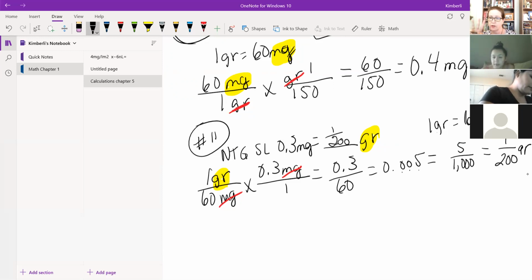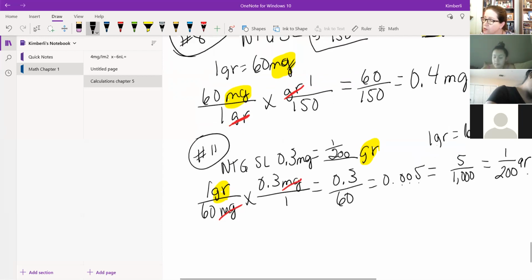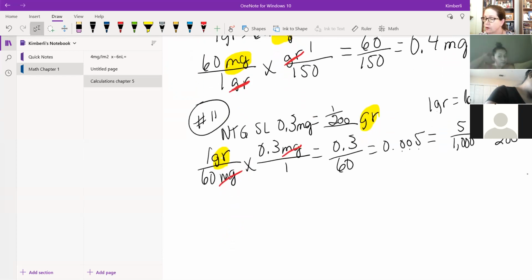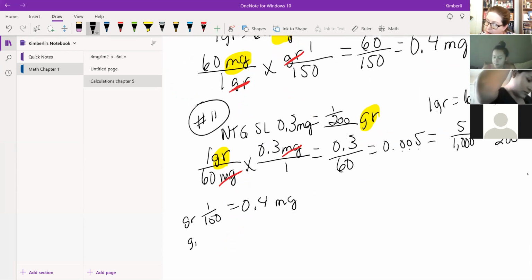So there's 3 strengths of nitroglycerin. And I have to tell you guys, it's often easier just to memorize the 3 strengths. So we already know that 1 over 150 is 0.4. And now we know that 1 over 200 is 0.3.